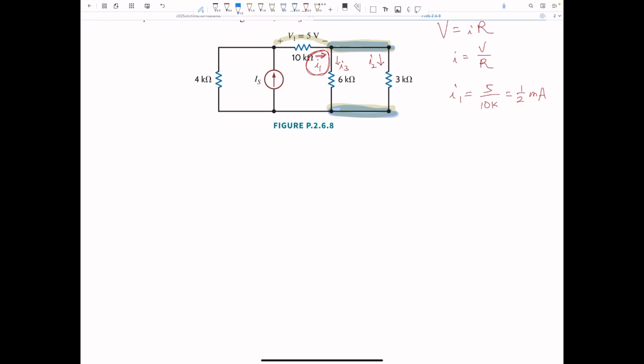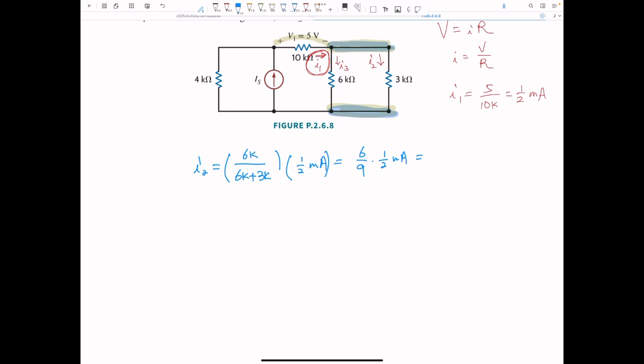For the current division rule, I2 equals the opposite resistor, 6K, over the combined 9K, times the total current, 1/2 milliamp. That is 6 over 9 times 1/2 milliamp.